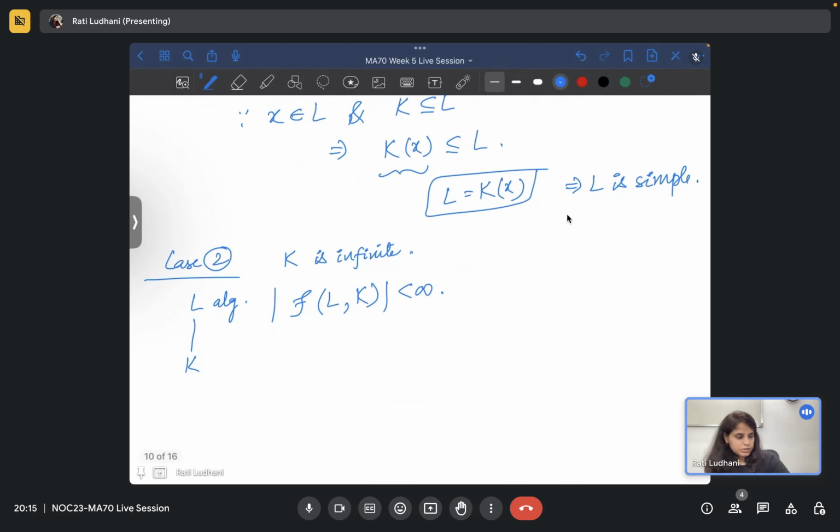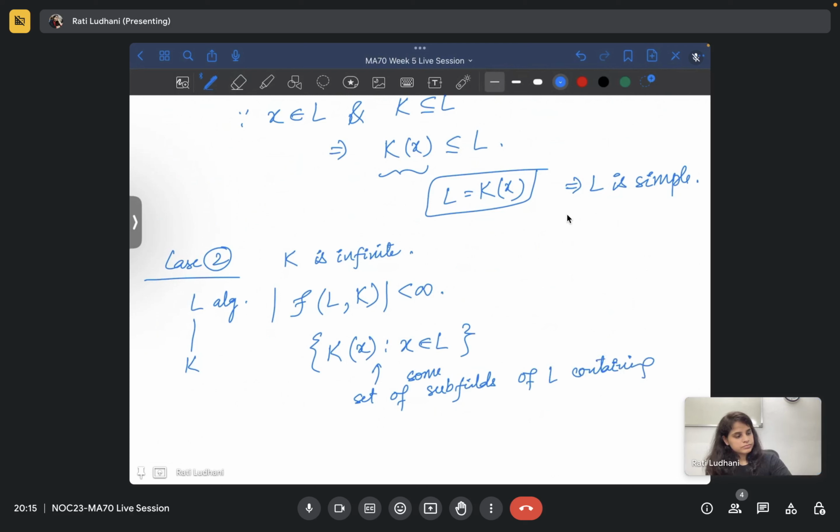So first you can start like this. So you know that K(x), x belongs to L. So this is a set of some fields, some subfields of L containing K, right?